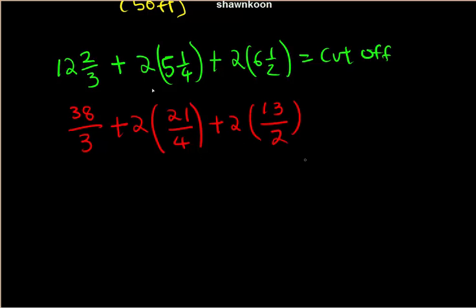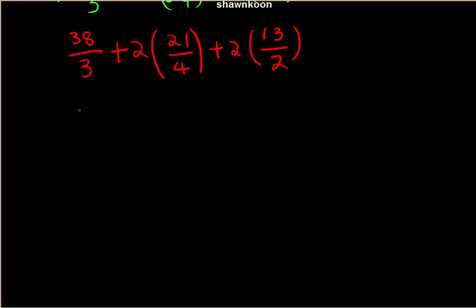Nice. So 38 over 3 plus, as you can see, 2 is the same thing as 2 over 1, and they're multiplied, right? So we can divide these two because they're divisible. 2 goes into 2 once, 2 goes into 4 twice.